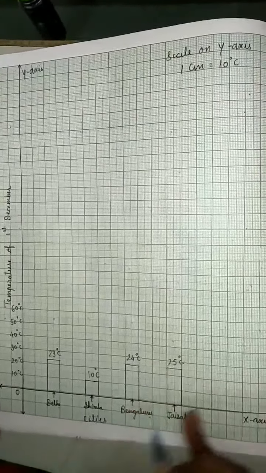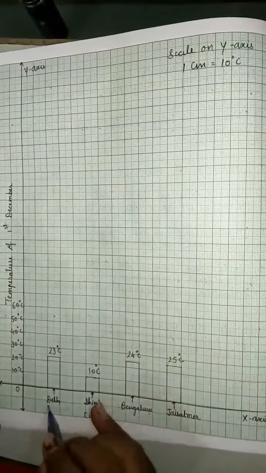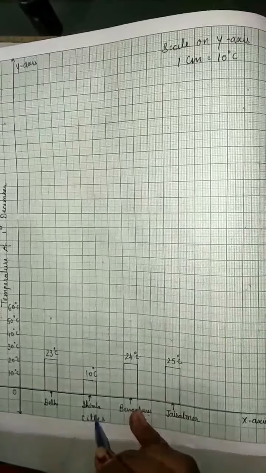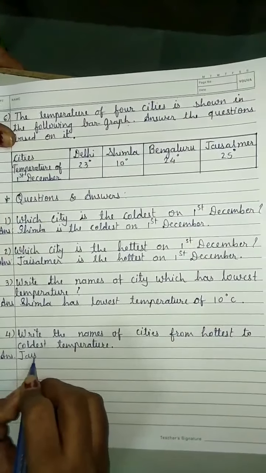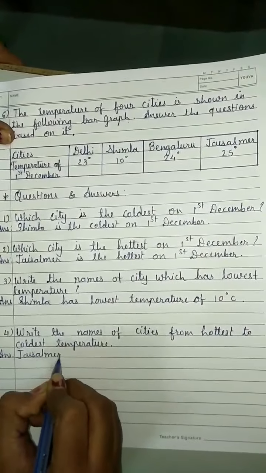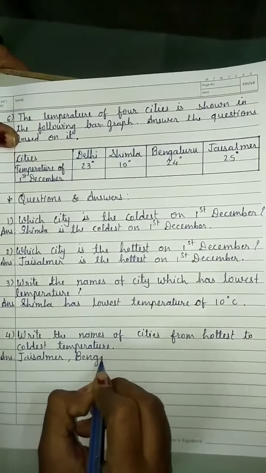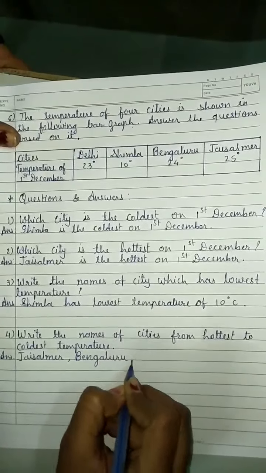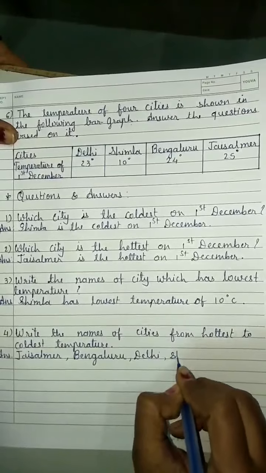So let's write in order: Jaisalmer, Bangalore, Delhi and Shimla.